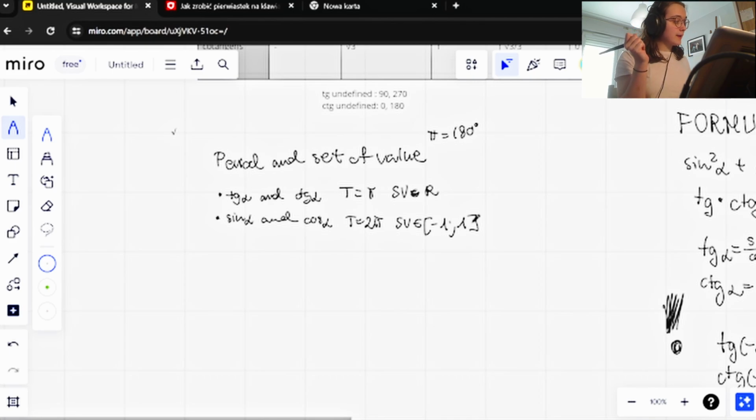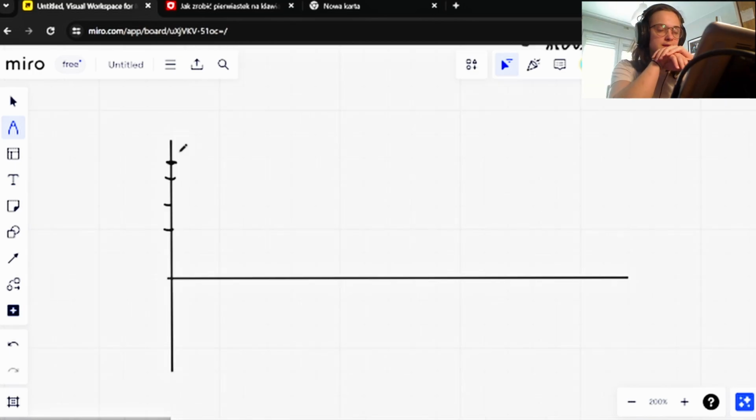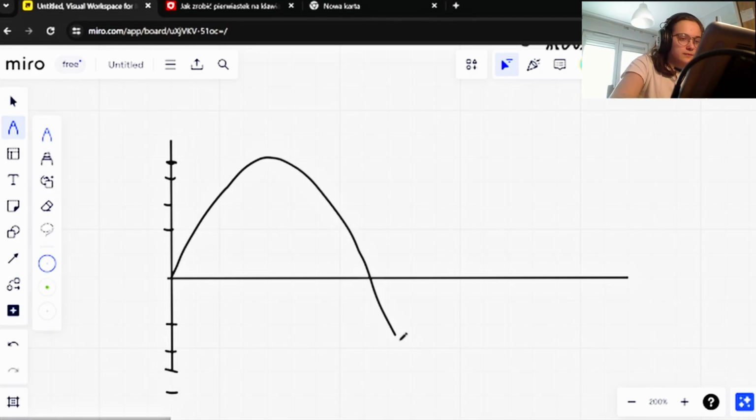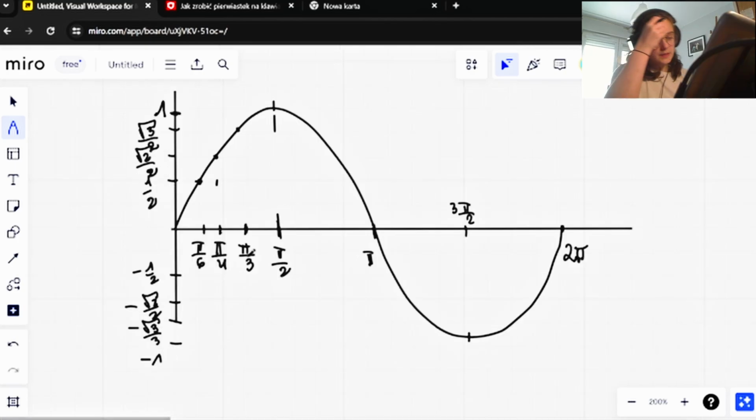Okay, and now the fun part, drawing. I'm not very precise, and this will not be very precise, but it should be okay. So here is P. And here's how to know this.